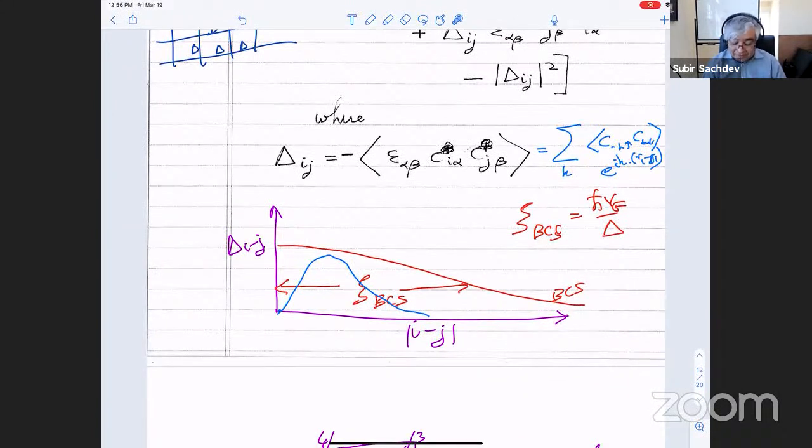Here, of course, we don't have a Debye energy, so the pairs are fairly short, and that's what you see in the experiments when you measure the coherence length. But if it's D wave or extended S wave, they vanish when the pairs approach each other, which is a good thing. The fact that they vanish as they approach each other gives us hope that neglecting the on-site repulsion was not such a bad approximation.